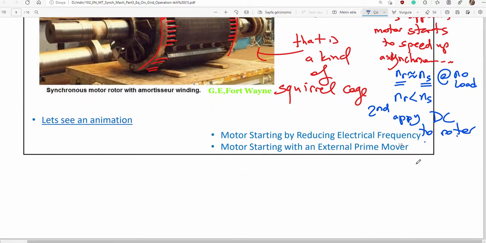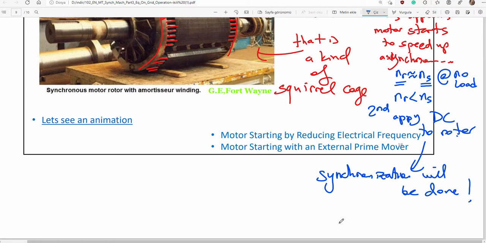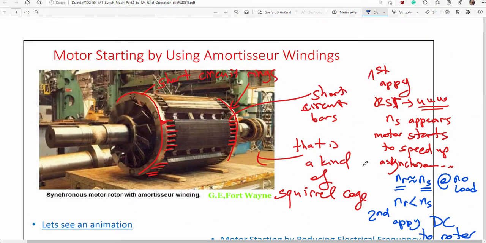When you apply DC, synchronization will be done, and then the motor operates as a synchronous motor. There will be no action in the damper windings after that, because they move together at the same speed.